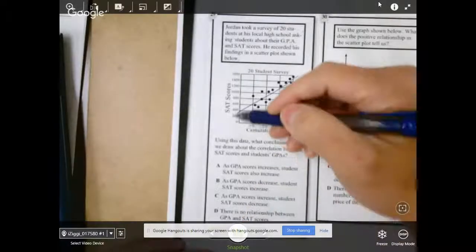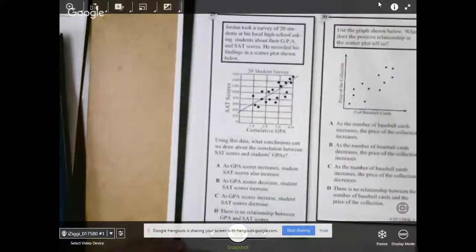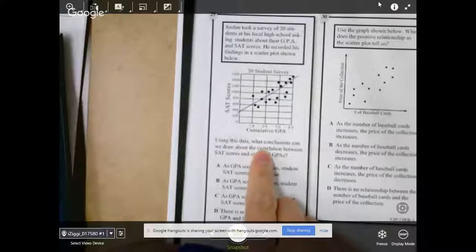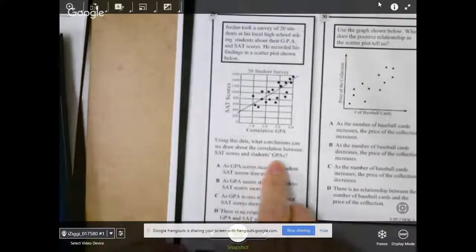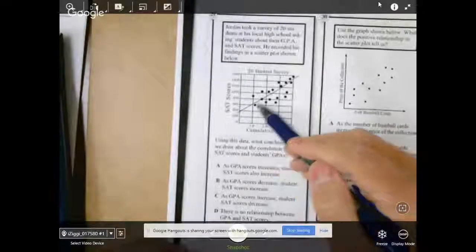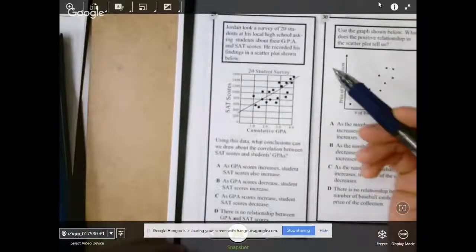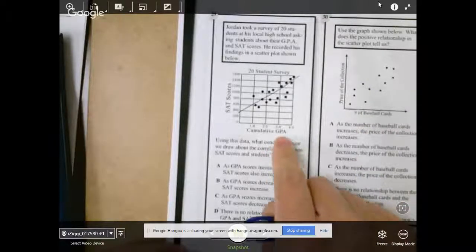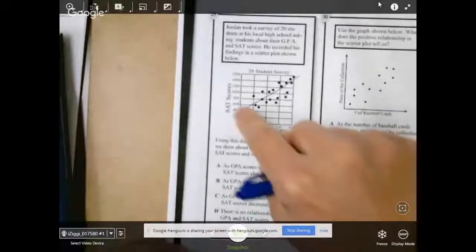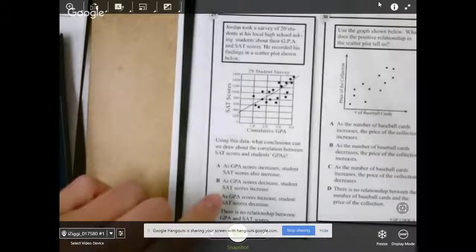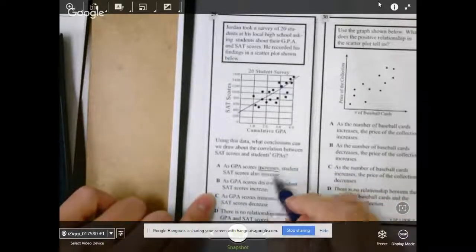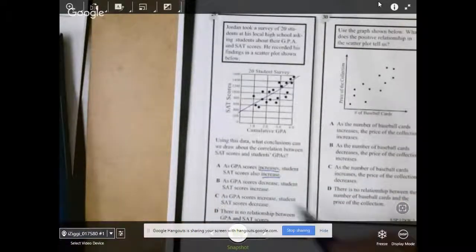What conclusions can we draw about the correlation between SAT scores and GPAs? So it looks like the line of best fit has a positive slope. As the cumulative GPA increases, the SAT scores increase. So both should be increasing together. Okay, so this one would be A.